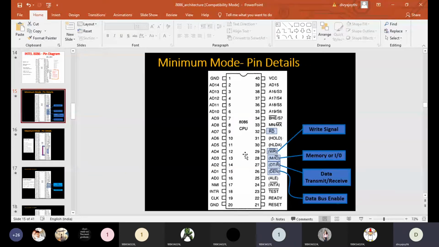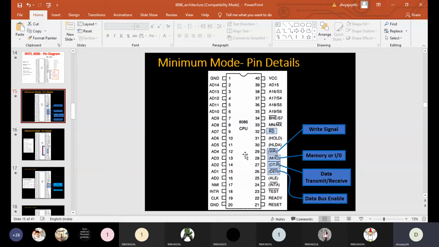Whether it is in minimum mode or maximum mode, if you want to segregate whether it is address or data or status, it will depend on the time periods T1, T2, T3. Based on that, you can say whether it is address line or data line. But if you are operating in minimum mode, irrespective of time period, you need not look into the timing signals.